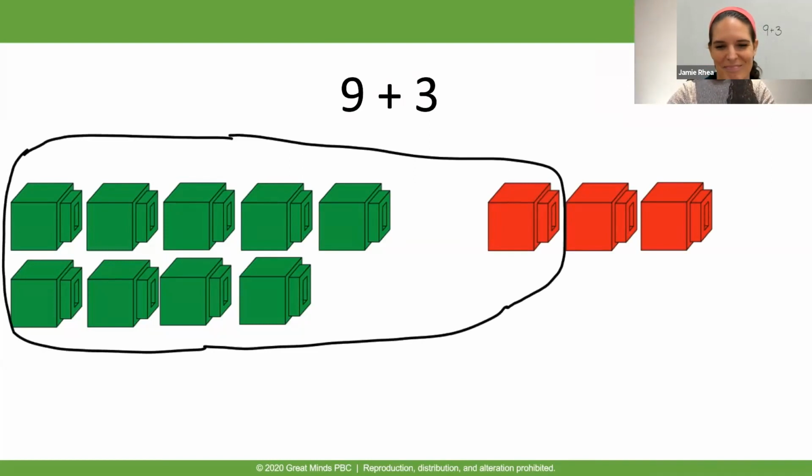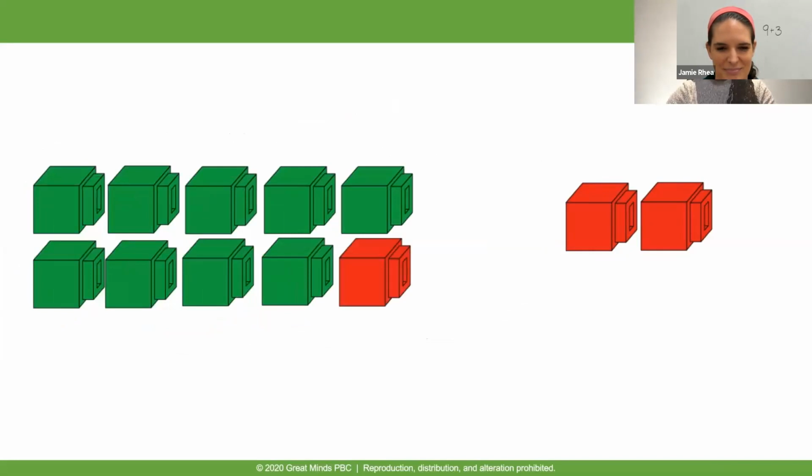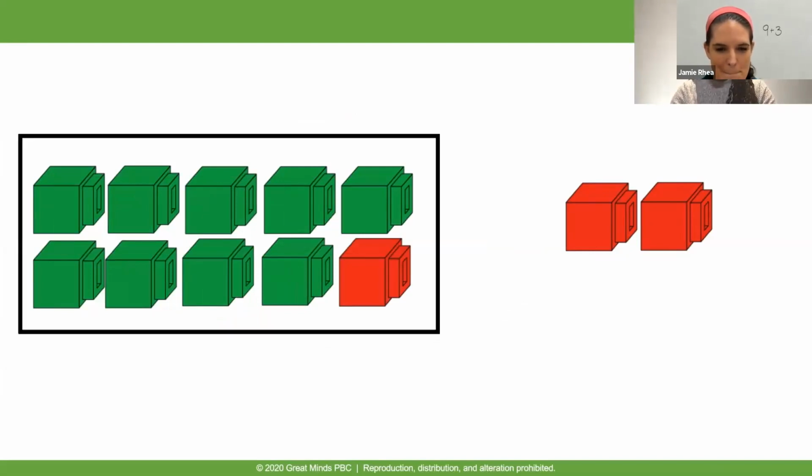One way that we can make 10 is by circling our 9 green cubes and 1 red cube to make a group of 10. We can also make 10 by moving over 1 red cube to the rest of my pile of 9 green cubes. We made 10. I'm going to put a frame around it.